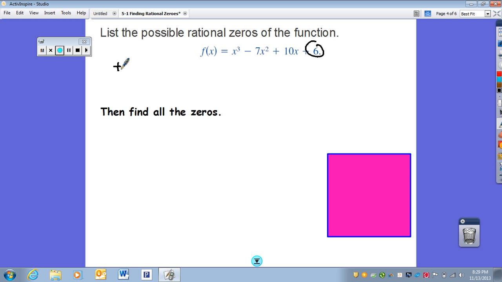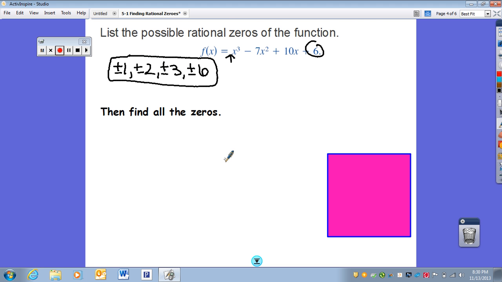So the factors of 6 would be positive or negative 1, positive or negative 2, positive or negative 3, positive or negative 6. And then we would divide that by all the factors of our leading coefficient, which is 1. So when we divide all of those by positive or negative 1, we end up with our same list. So these are all the possible zeros that we could use to test.